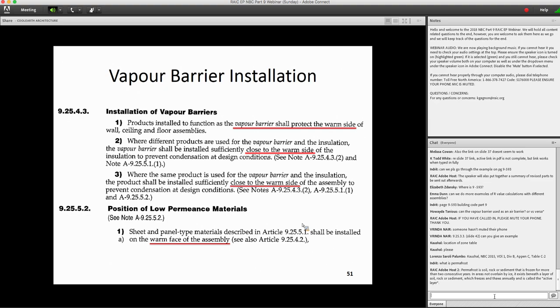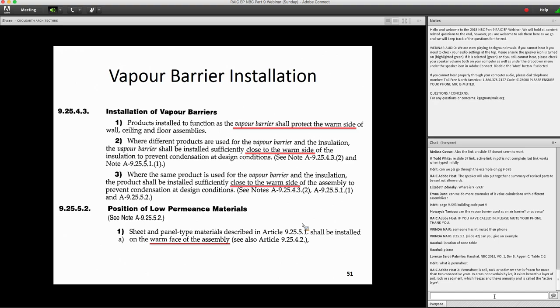What the code tells you is that the products installed to function as vapor barriers shall protect the warm side of the wall, ceiling, and floor assemblies. And again, where different products are used as a vapor barrier and the insulation, the vapor barrier shall be installed sufficiently close to the warm side of the insulation.